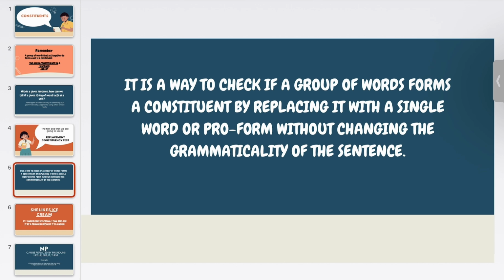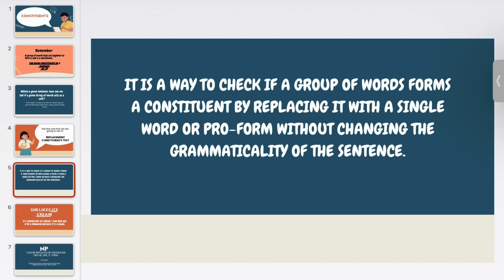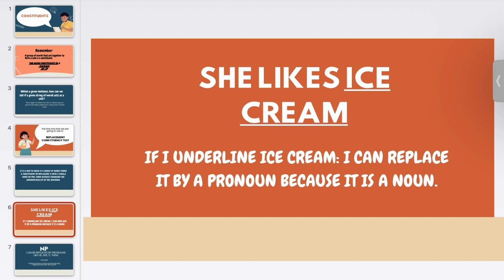It is a way to check if a group of words forms a constituent by replacing it with a single word or proform without changing the grammaticality of the sentence. We are going to replace something that I underline, and then you have to check.